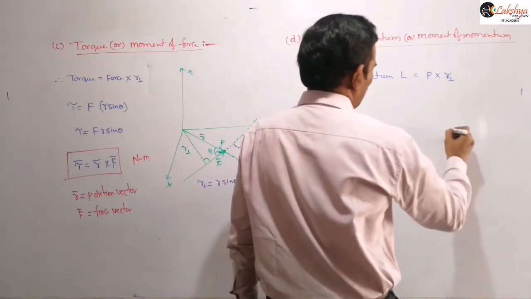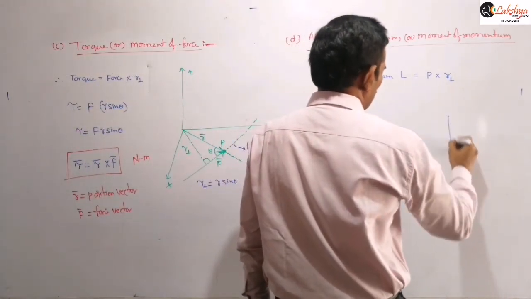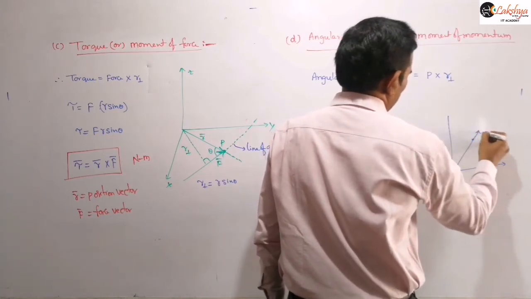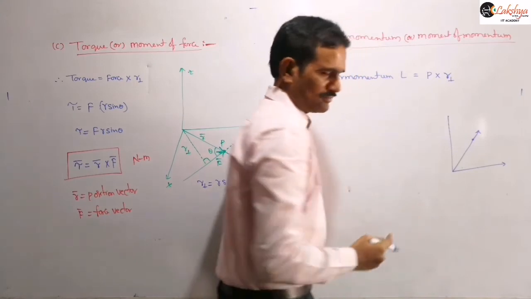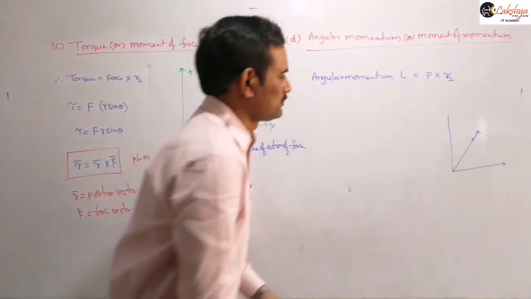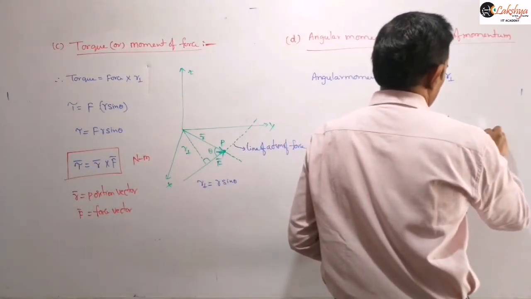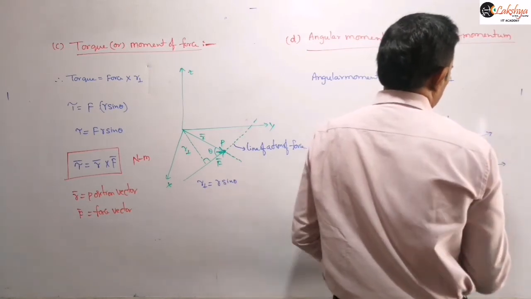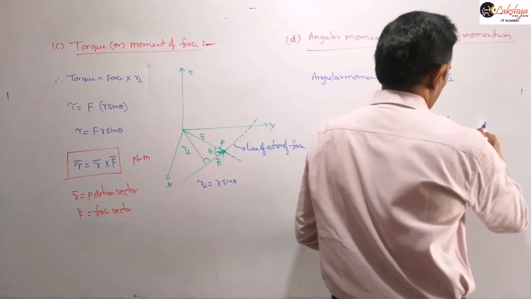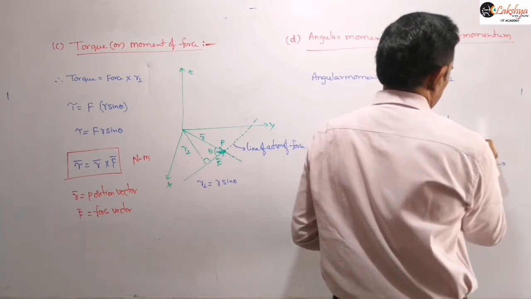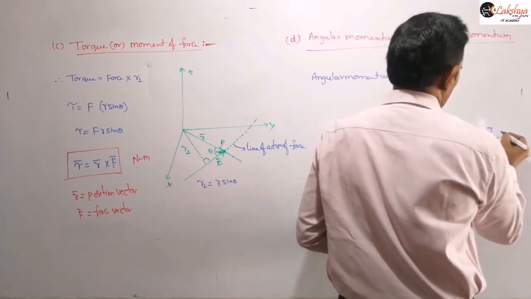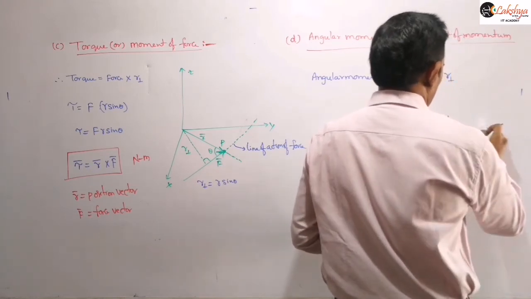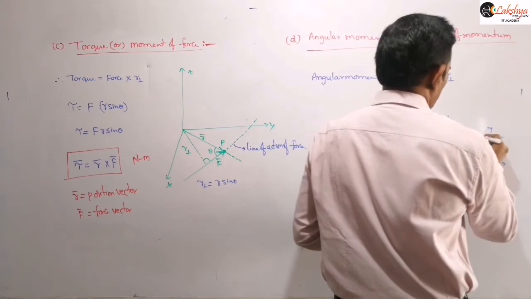If, for example, a particle is moving like this, having some velocity along this direction, making a certain angle theta, not with the horizontal, let us take this momentum direction here.